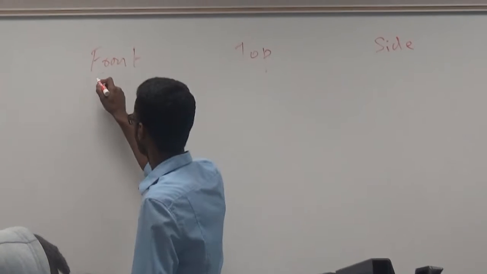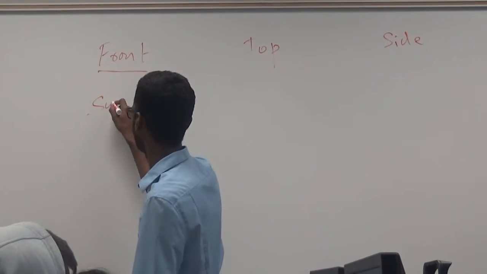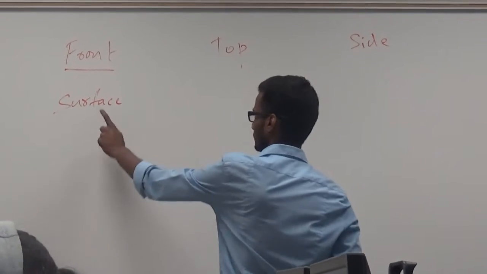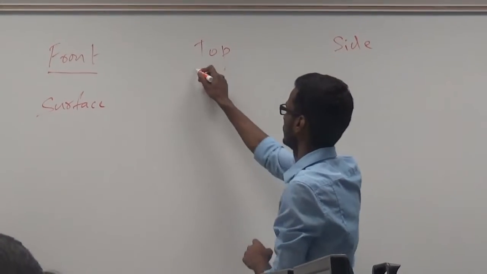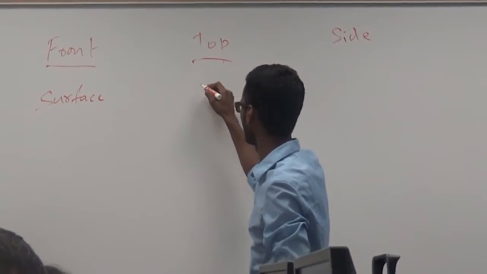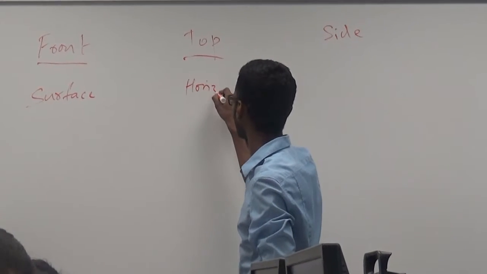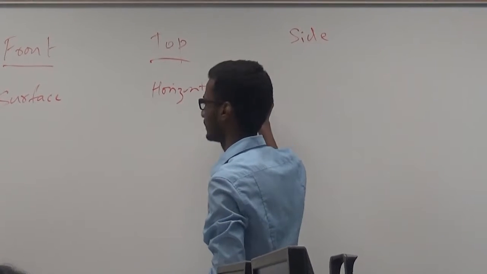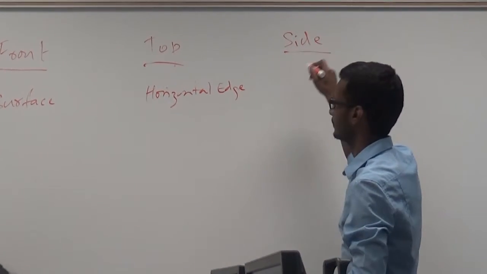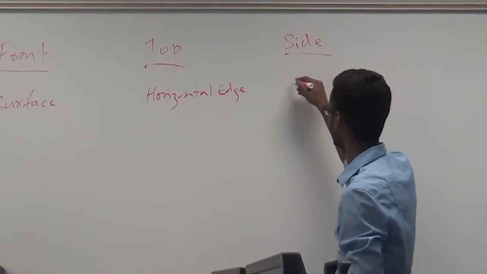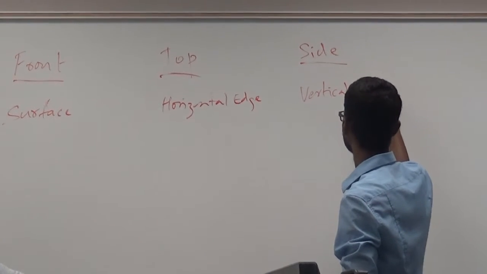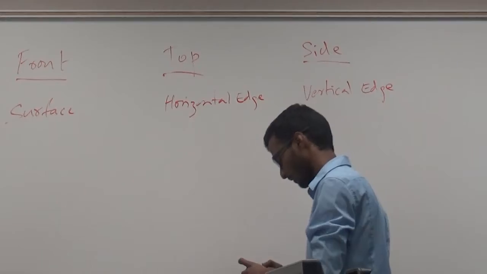If I see a surface in my front view, this same surface in the top view would be a horizontal edge, or you can call it a line, and the same surface in the side view would be a vertical edge or vertical line.